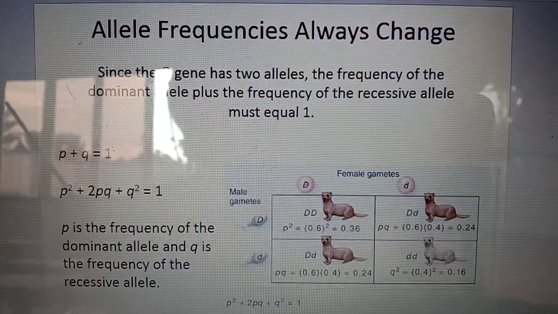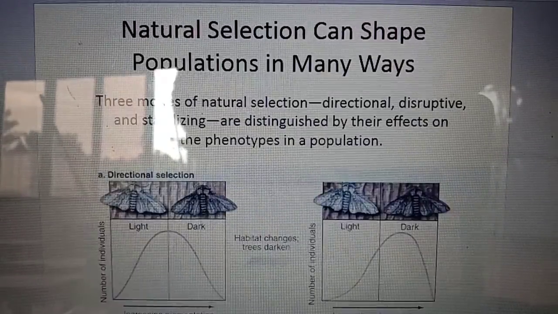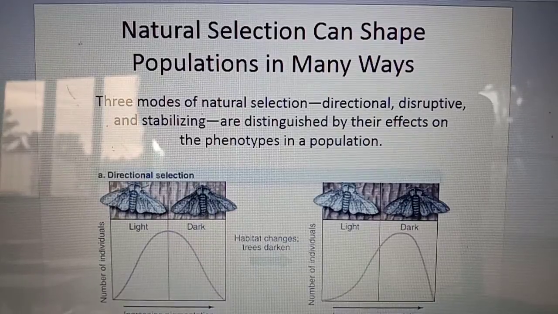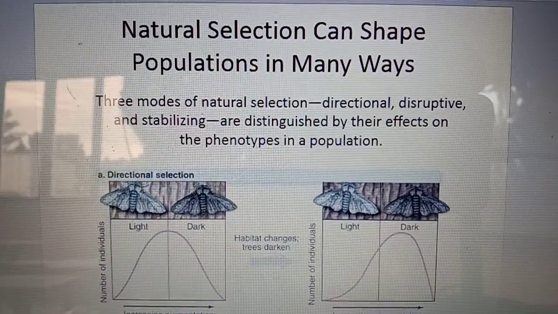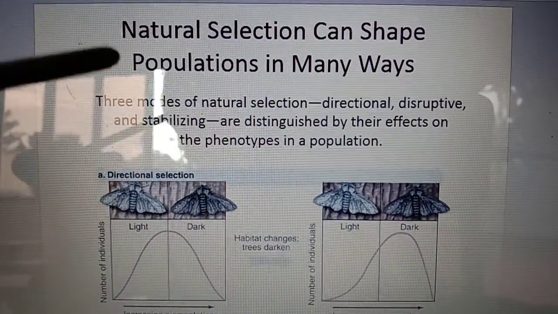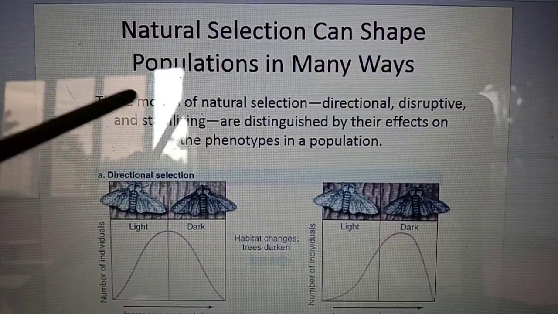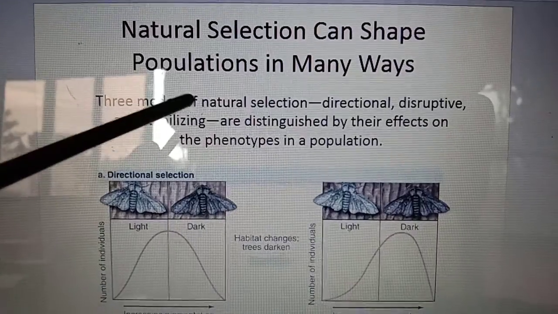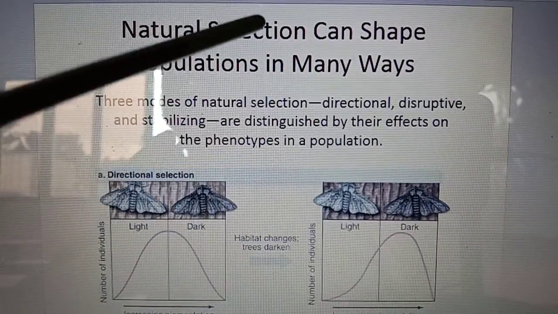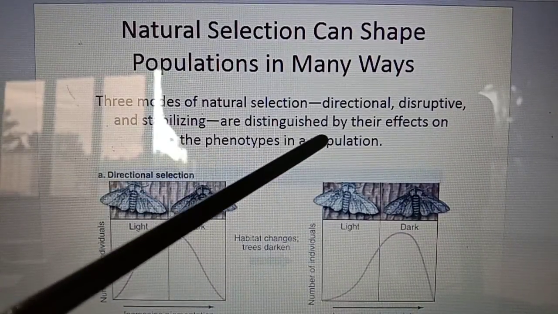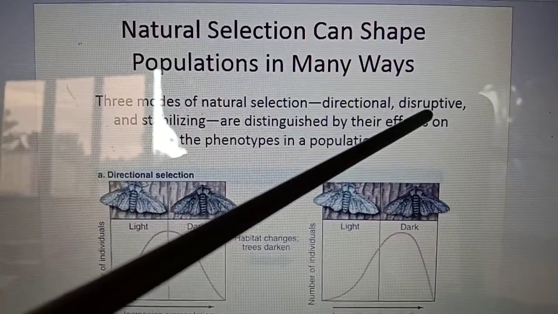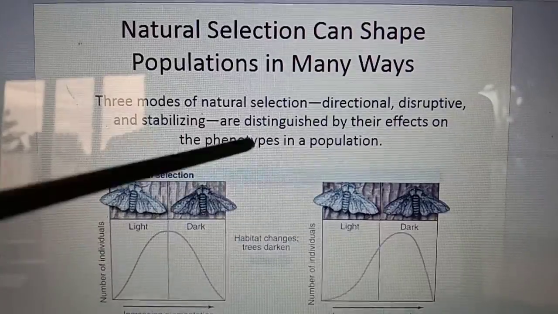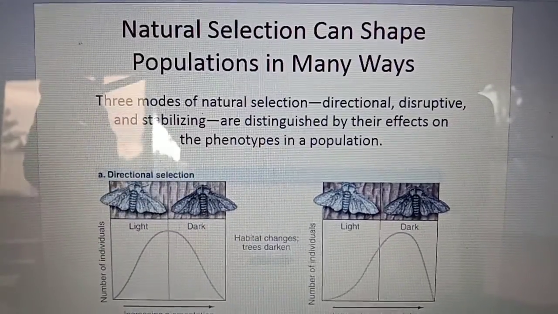Let's proceed to other principles. I think this is an insect. Natural selection can shape populations in many ways. Three modes of natural selection, which are directional, disruptive, and stabilizing, are distinguished by their effects on the phenotypes in a population.